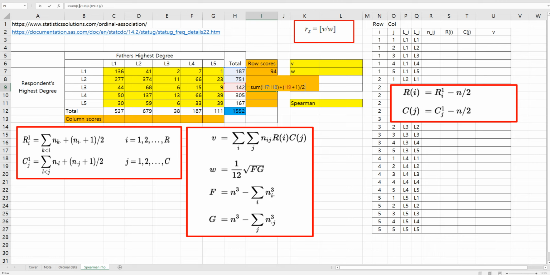If we fix this one, then we can apply this formula for other cells.